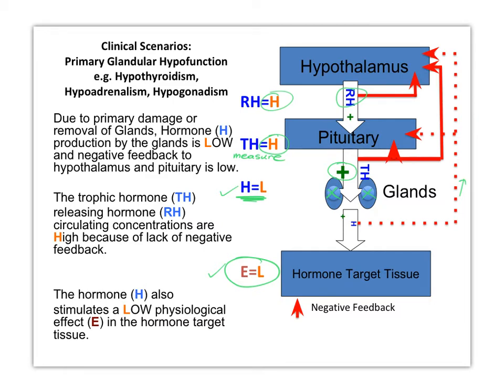The response of the pituitary is to try to make more hormone by creating the stimulating hormone or the trophic hormone. And so a diagnostic measure of a low free hormone and a high trophic hormone would be a classical indication of primary glandular hypofunction.